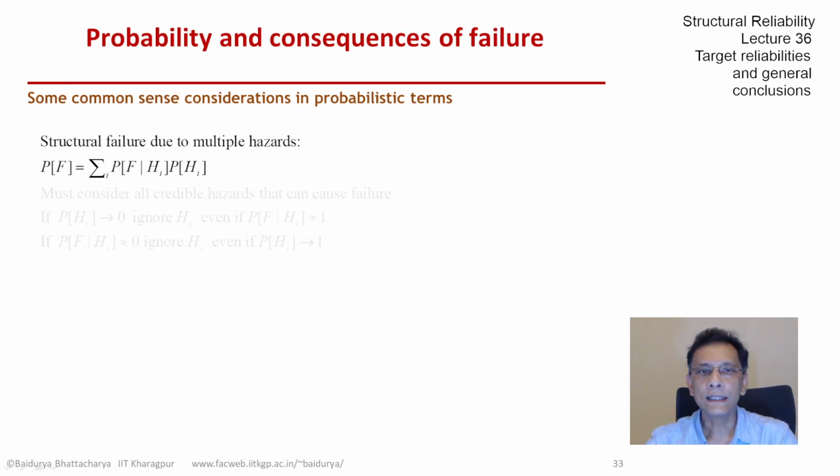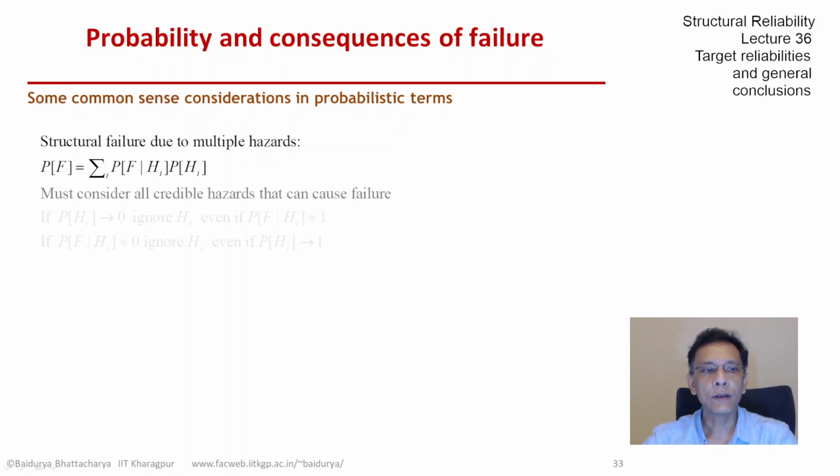So if all the H's, all the hazards, constitute a partition of the sample space, then we can definitely write this. P of F, the probability of structural failure, is the sum of the conditional probability of failure given a particular hazard times the probability of that hazard.